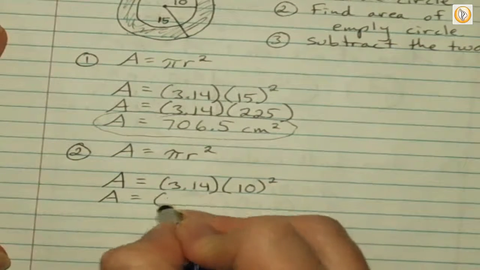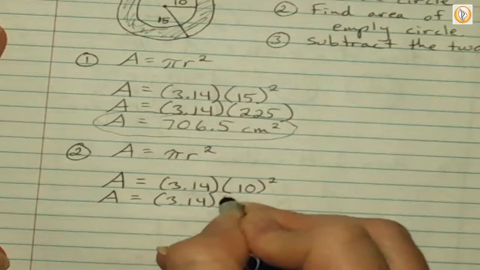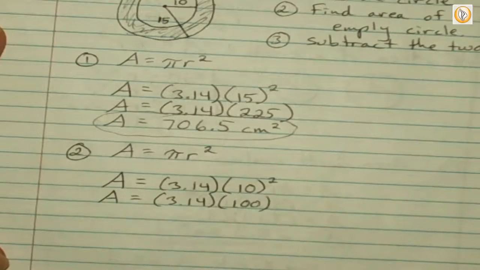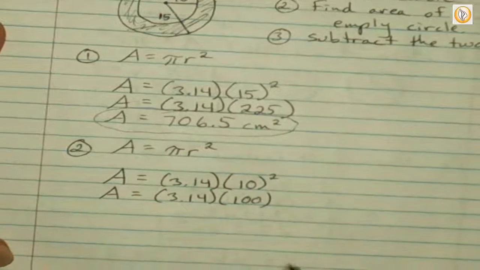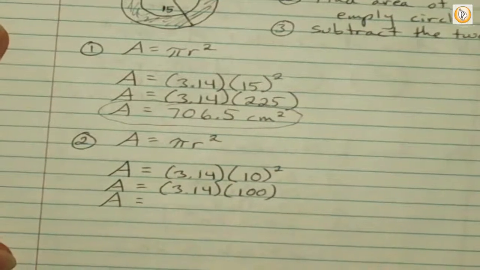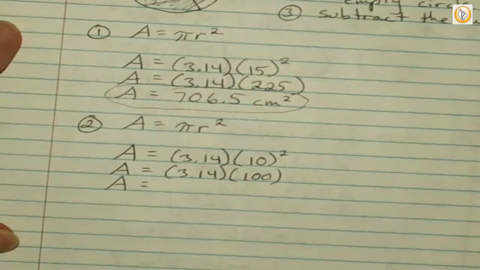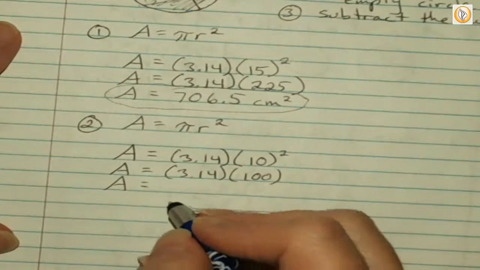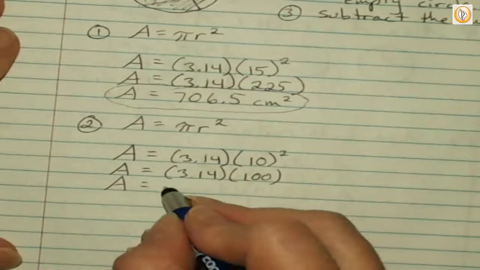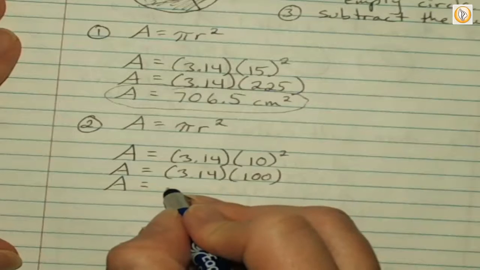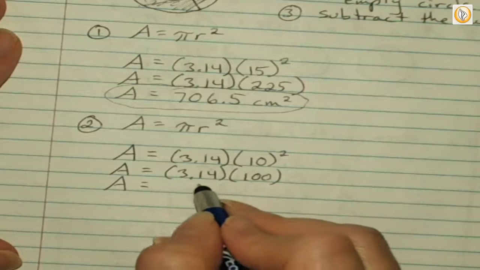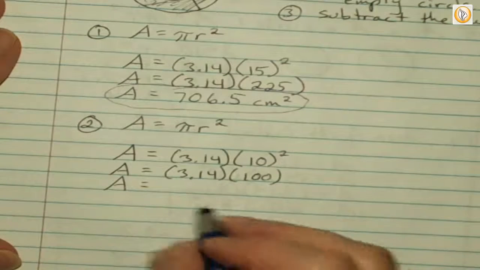What is 10 squared? 100. And what do you get? 3.14 times 100.